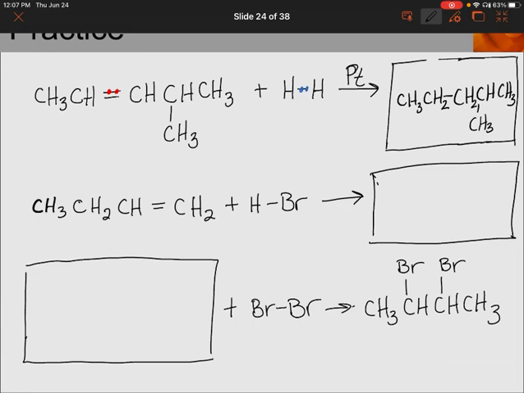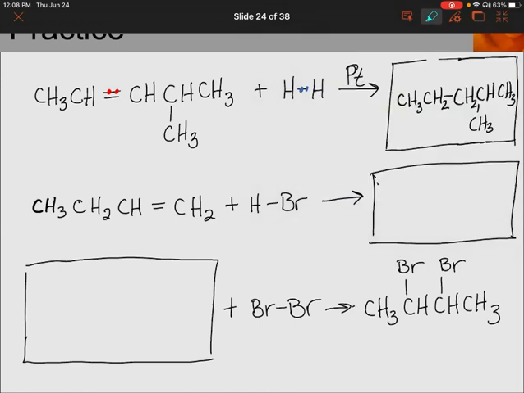Okay, let's look at the second problem. Again, we have an unsymmetrical alkene and we're adding hydrobromic acid, HBr. So does it matter which side the hydrogen adds to? Yes. We need to figure out which side has more hydrogens. That's the side the hydrogen will add to. Let's look on the left-hand side.